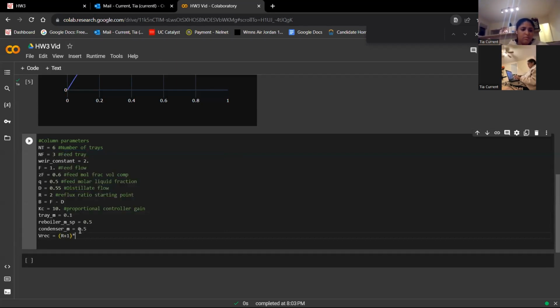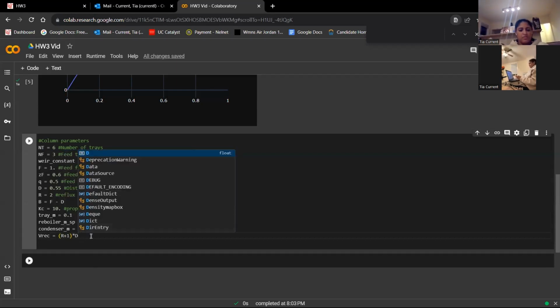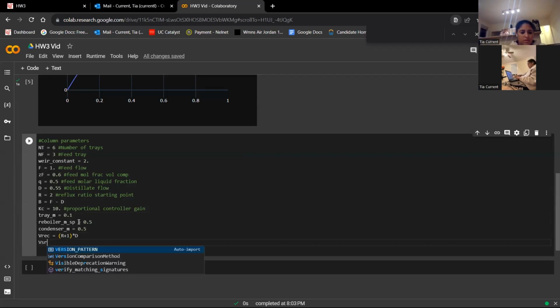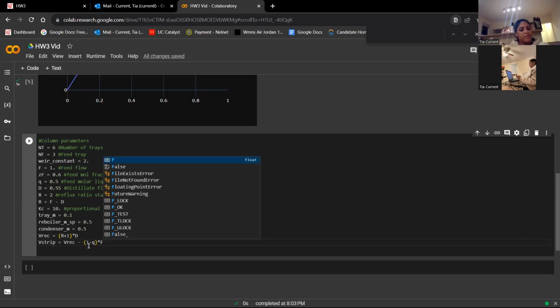And then my vapor in the rectifying section is going to be that R, so the reflux ratio plus 1 times the distillate rate, right? And then my vapor in the stripping section is going to be equal to the vapor of the rectifying section minus quantity of 1 minus q times F. Okay.